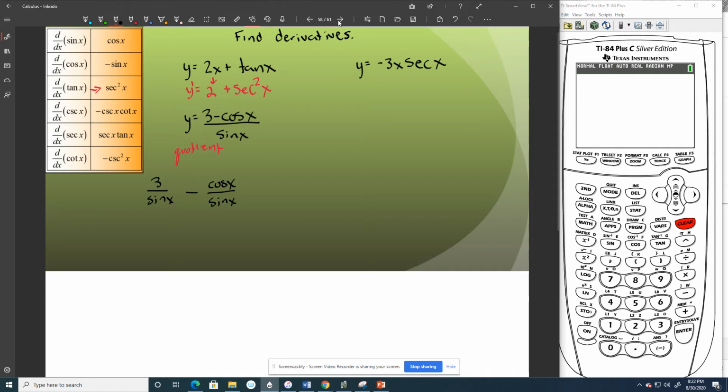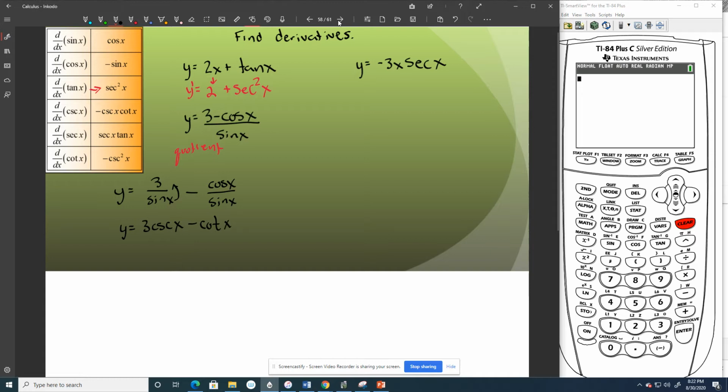So I'm just rewriting, this is still y equals. Well, 1 over the sine of x is just cosecant. So I can rewrite that as 3 cosecant of x by moving that up. And then cosine of x divided by sine of x, well, that's just cotangent of x.